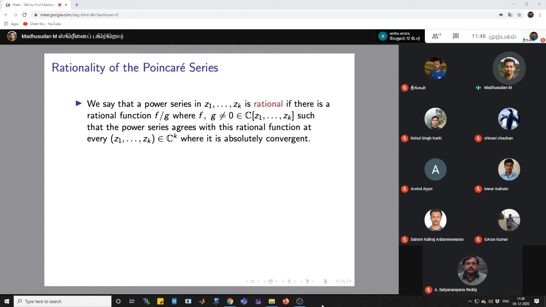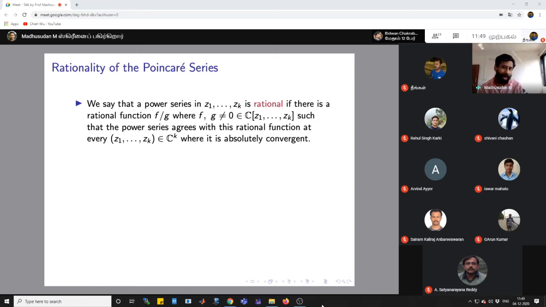So we say that a power series in z1 to zk is rational if there exists a rational function f over g, where f and g are polynomials with complex coefficients, and the denominator g is not equal to 0, such that the power series at hand agrees with this rational function f over g at every point z1 to zk in C^k where this power series is absolutely convergent.